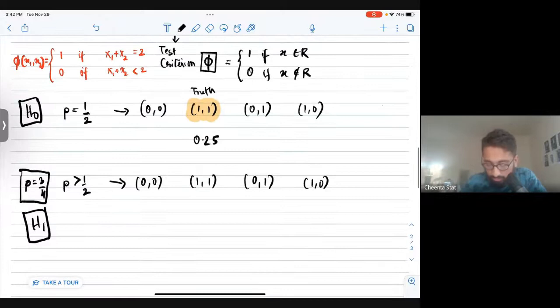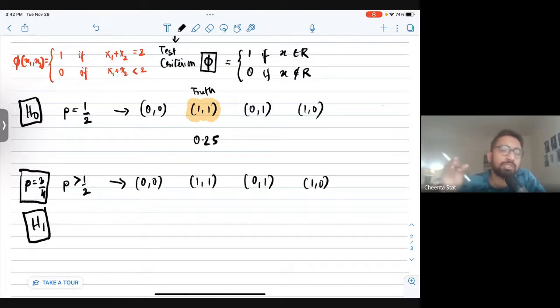Understand the scenario. For p equal to half, out of 100 such samples, 25 such samples will give 1 comma 1. That is, in 25 such samples it will be rejected if two pairs are sampled 100 times.